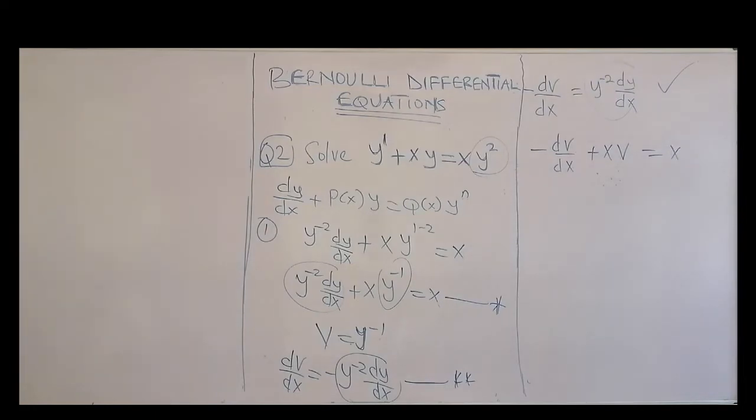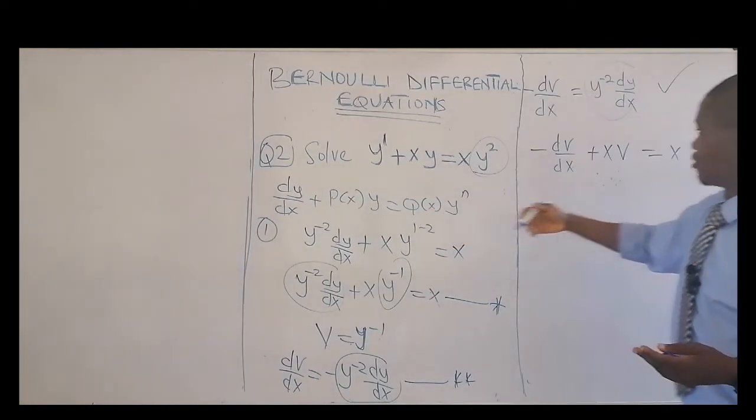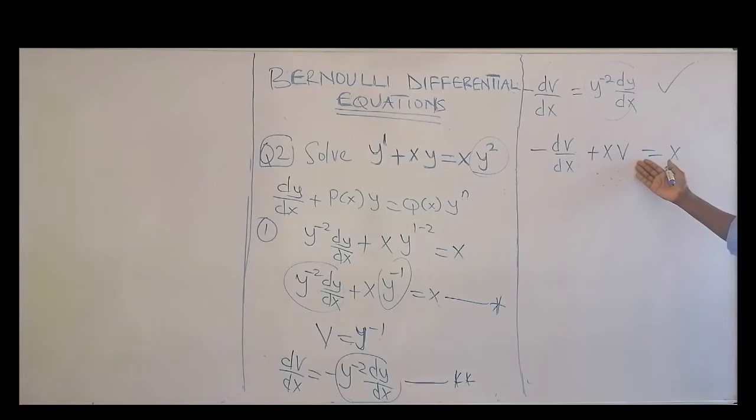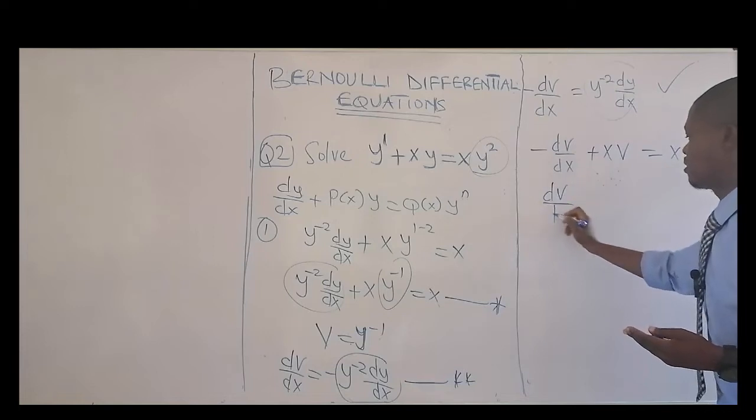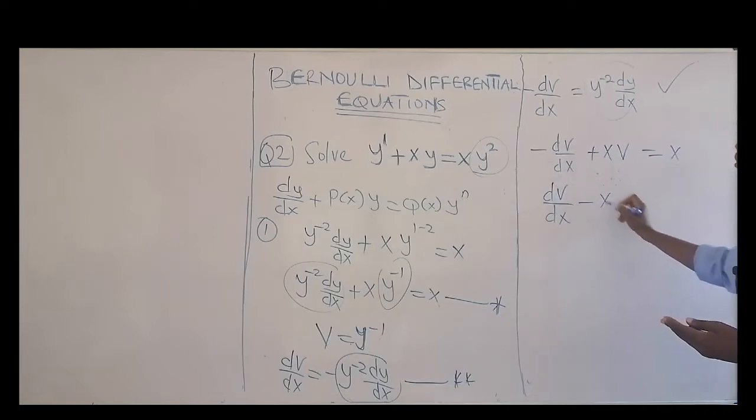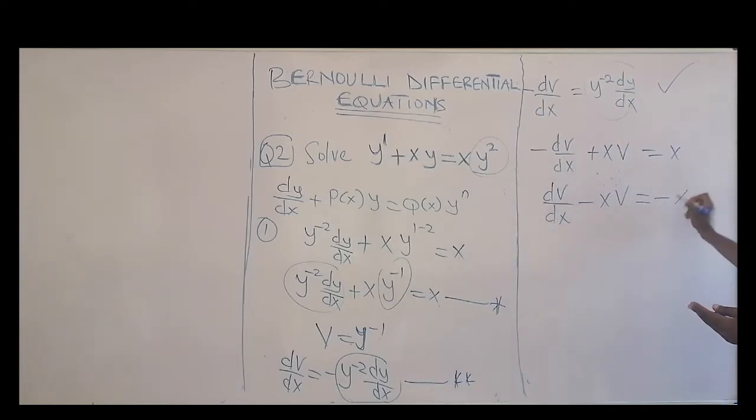The next thing to do, to really conform to this, because this is linear in v now, is to multiply through by the negative so that we have dv/dx minus xv equal to minus x.